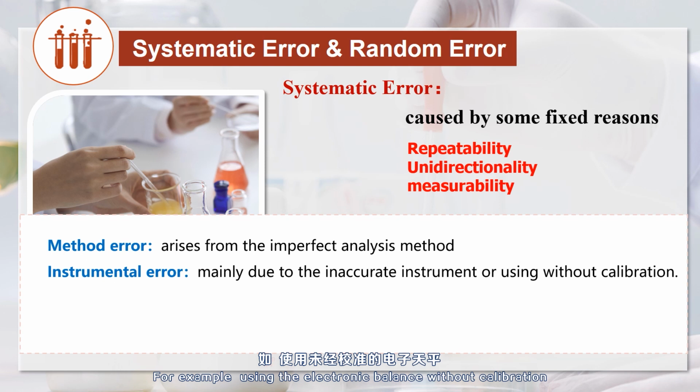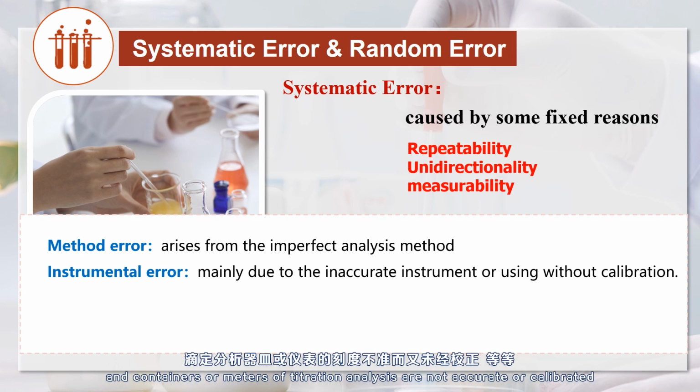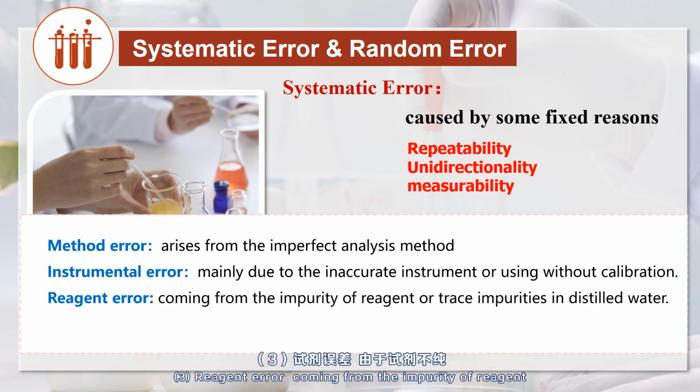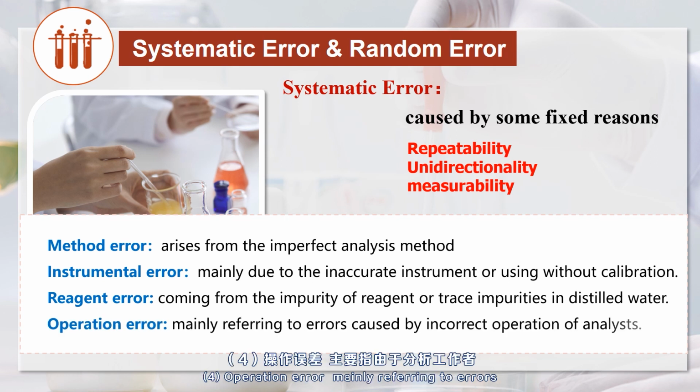For example, use the electrolytic balance without calibration, and containers or meters of titration analysis are not accurate or calibrated. 3. Reagent error. Coming from the impurity of reagent or trace impurities in distilled water. 4. Operation error.